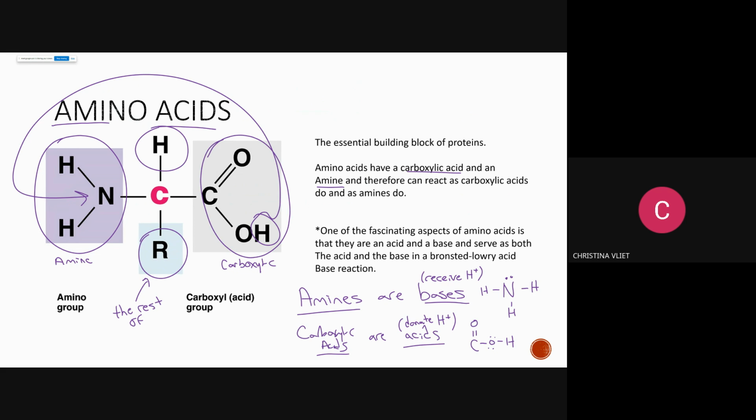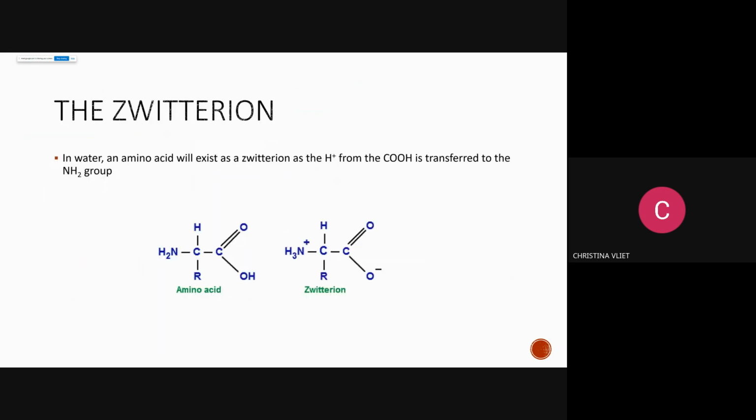To be aware of when this specific process happens, when the H plus is given from the carboxylic acid to the amine, this is what we call the zwitterion. So a zwitterion means that you have transferred the H plus from the carboxylic acid to the amine group.